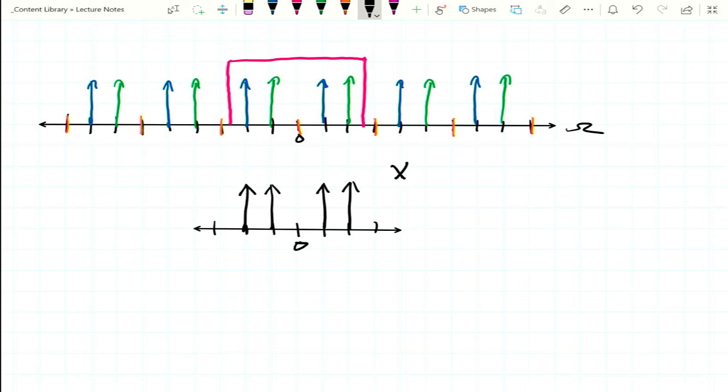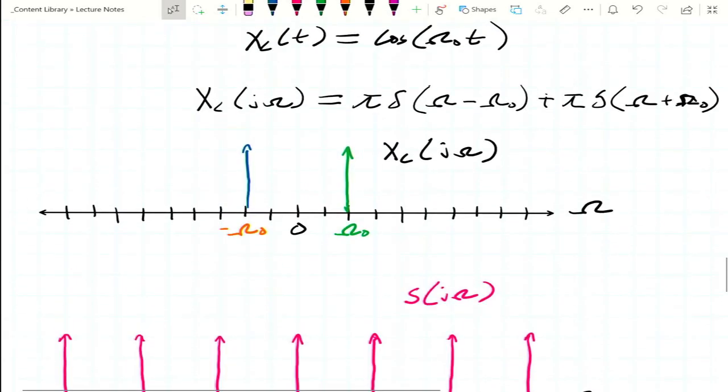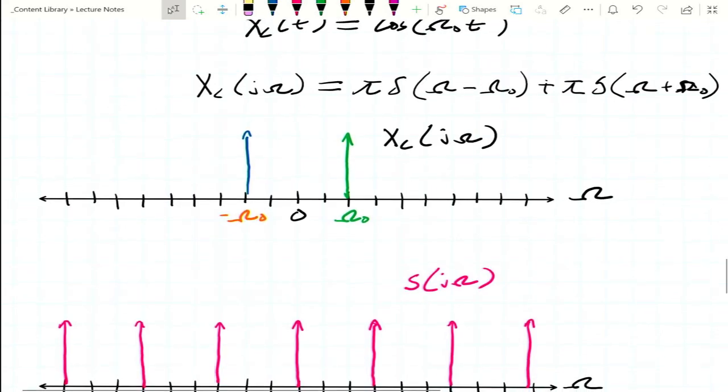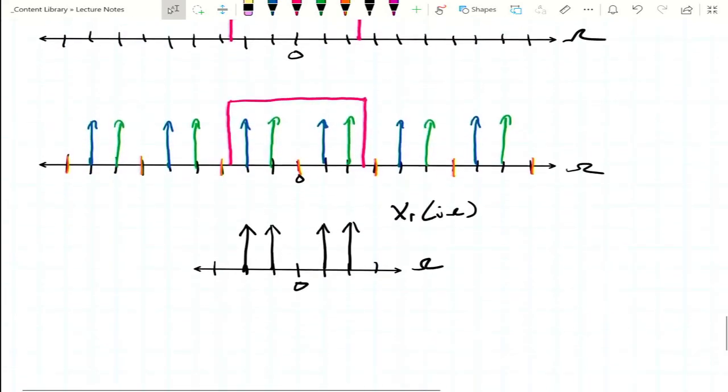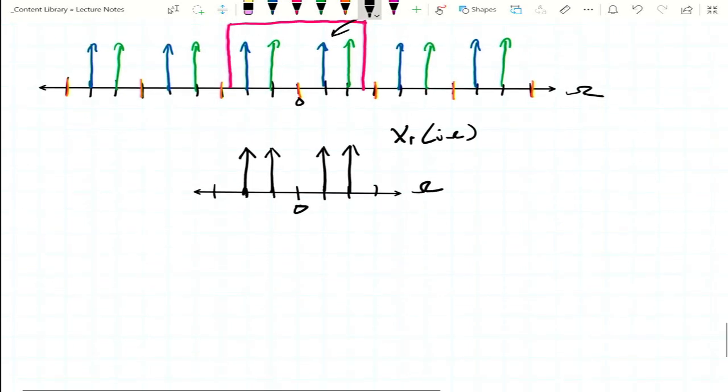So if this is our recovered x sub r of j omega, we can see that it does not look like our original signal. We have additional frequency content. We have a whole other sinusoid in there.